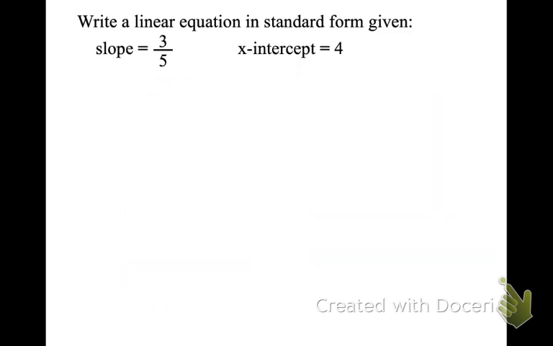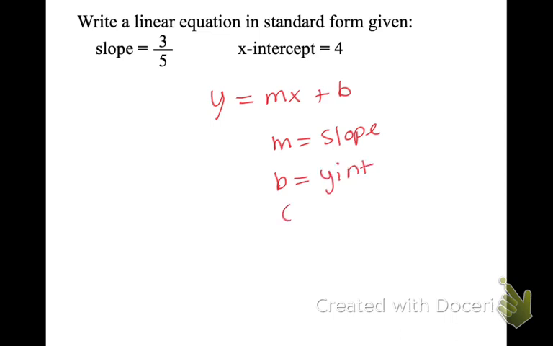Now, write a linear equation. Look at what they're giving us here. They're giving us an x-intercept. That's not a place in y equals mx plus b because the m is a slope, the b is a y-intercept, and the x and y are the point.